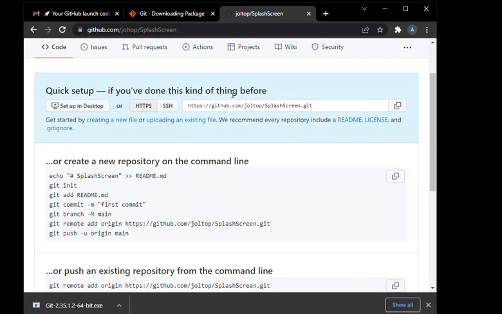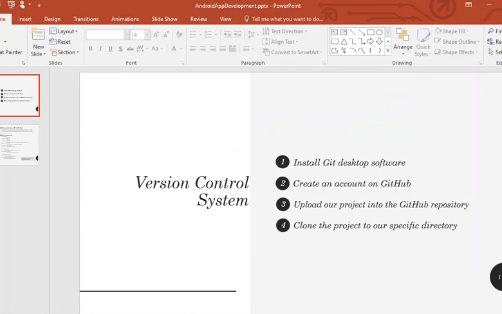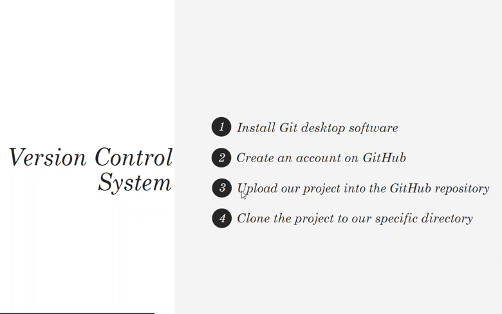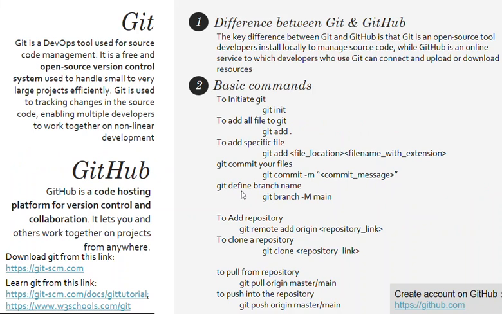So the next step is, you might have a question: what is actually Git? If I want to describe it in one line, it tracks the changes of the project.